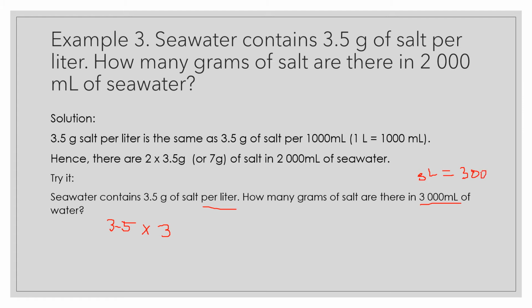So that means 3.5 times 3. 3 times 3 is 9, plus 1, 10. That's about 10.5 grams of salt. All right.